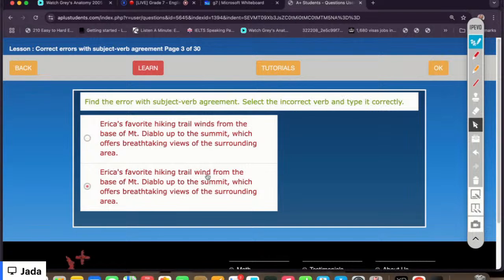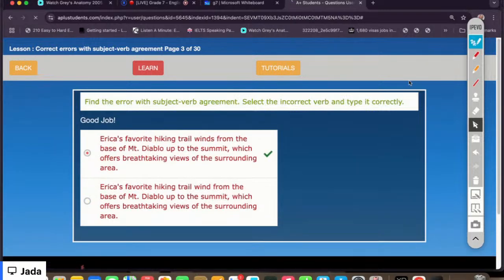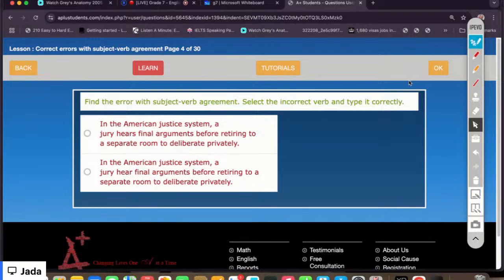So we have winds and wind, which is the right one here? So we have Erica's favorite hiking trail. So we have Erica, which is singular. So the verb winds needs to have s added to it.